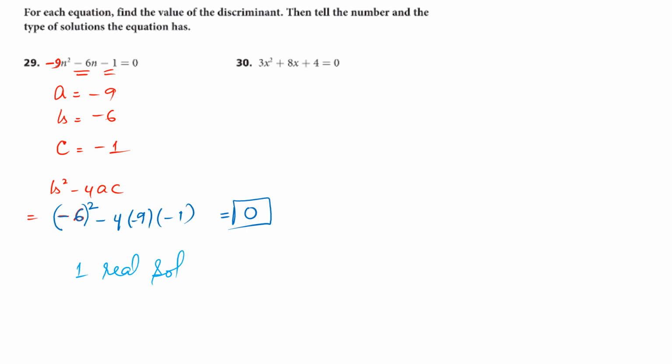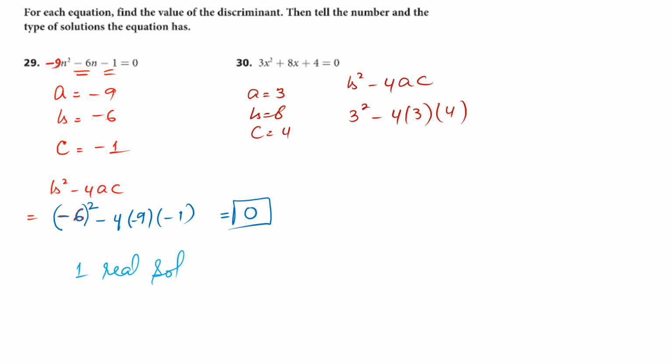Let's do the last one. So b square minus 4ac is the discriminant. A is 3, B is 8 and C is 4. So we can write here 8 square minus 4, A is 3 and C is 4. Write in the calculator 8 square minus 4 AC.